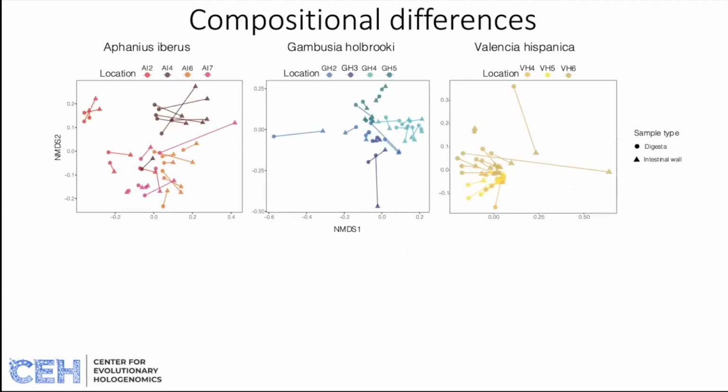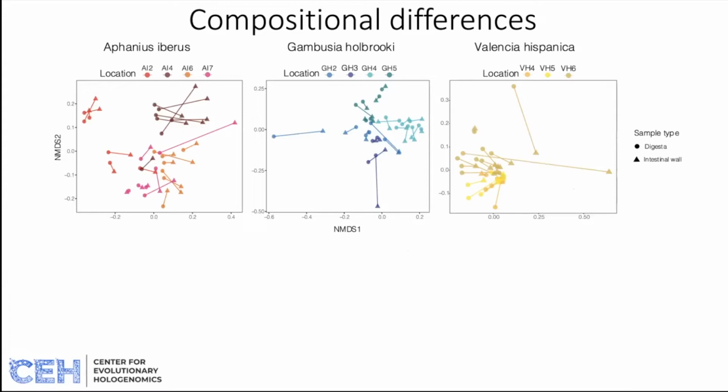Then we looked at the compositional differences, and this is what you see here in some MDS plots, where different colors indicate different locations and different shapes indicate different sample types. And each pair of samples is connected by a line.